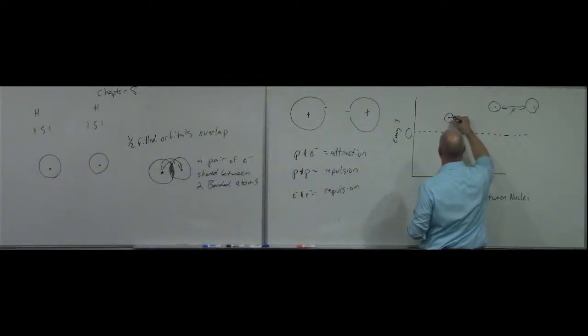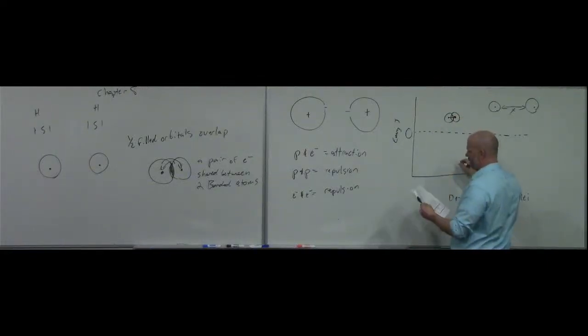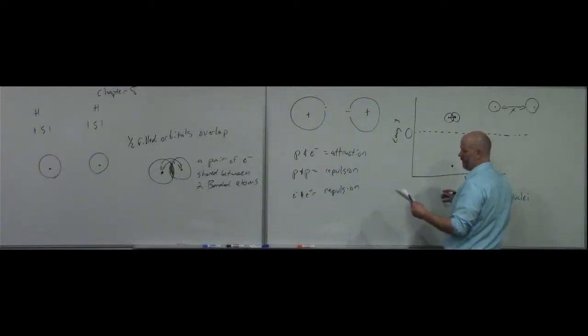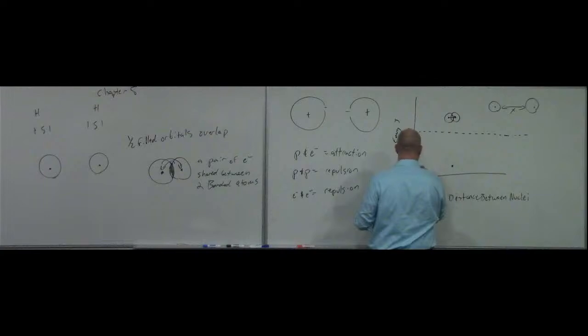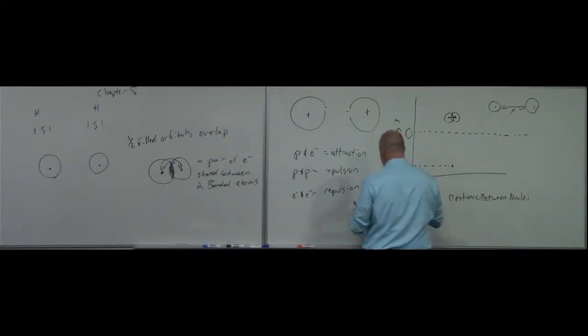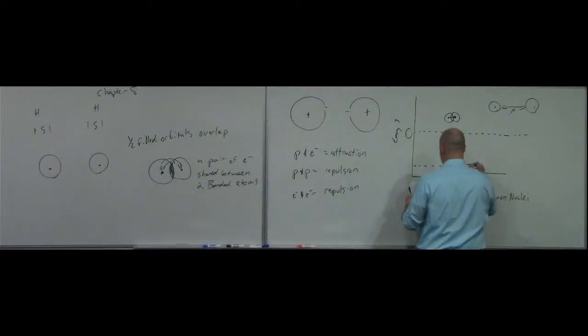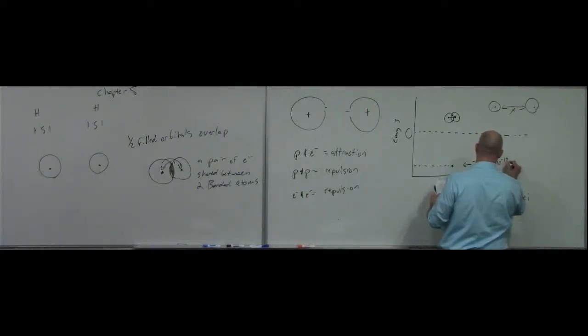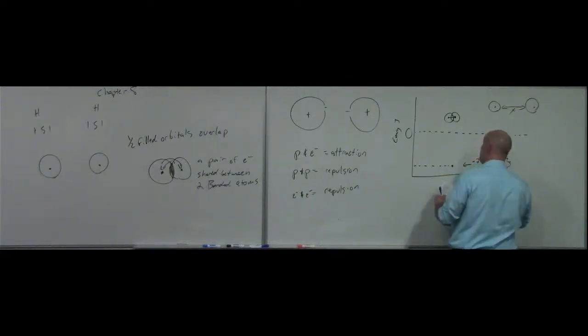We're overlapping, okay? And this is going to be my negative energy, right? So for hydrogen, this is actually calculated as negative 7.24 times 10 to the negative 19th joule per molecule, okay?